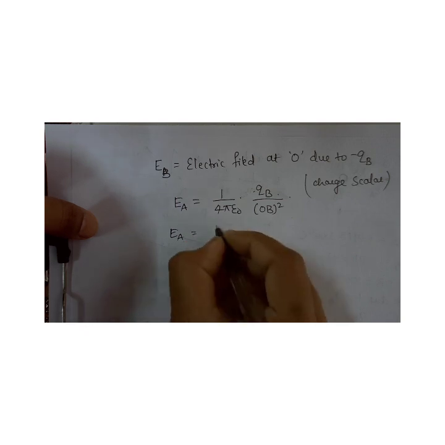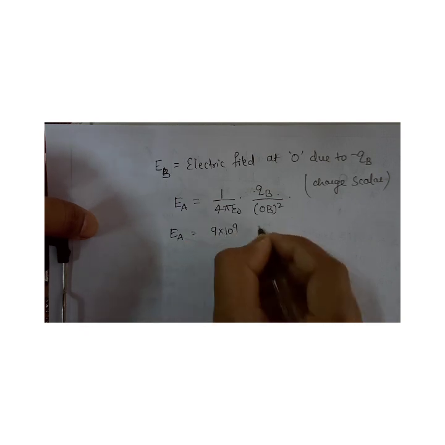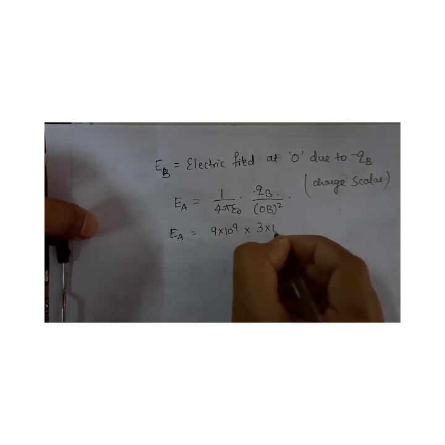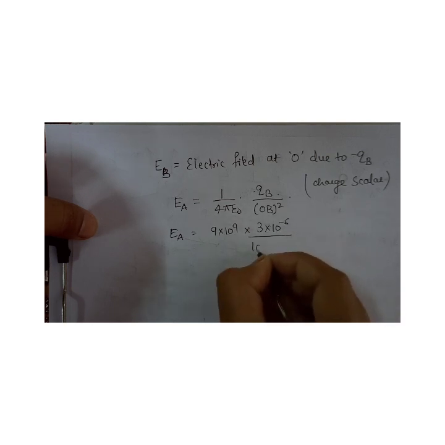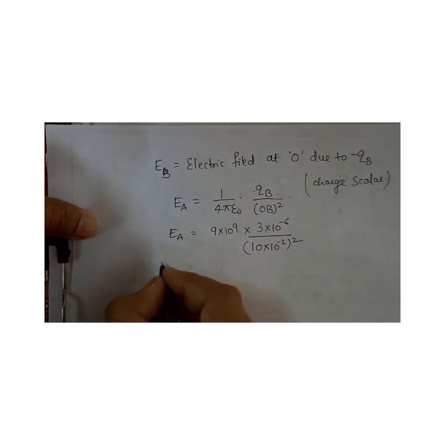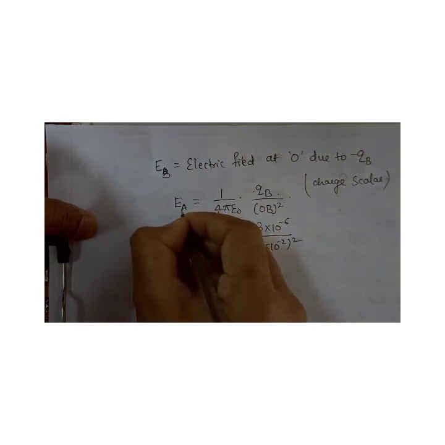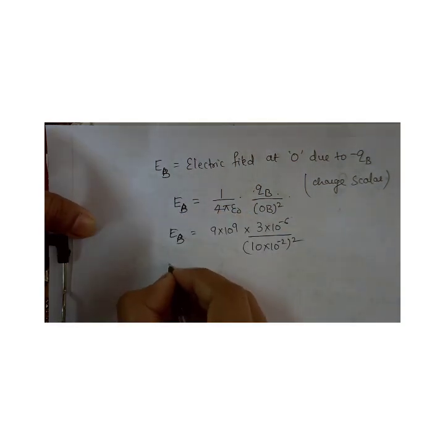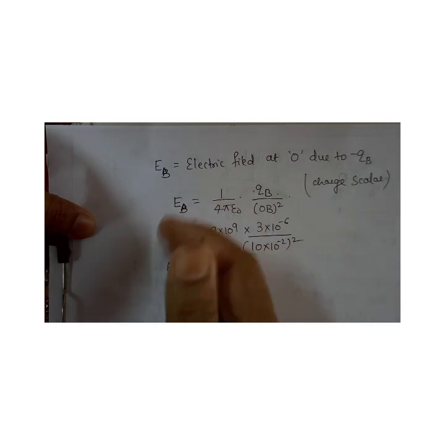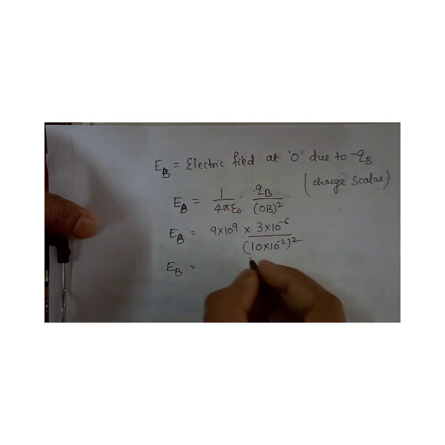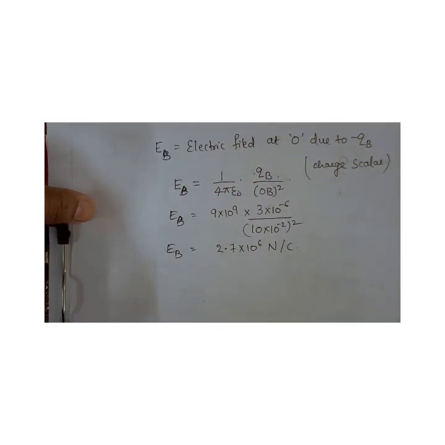So the rest is the same, all the values, everything is the same, into 3 into 10 raised to minus 6 divided by 10 into 10 raised to minus 2 the whole square. So EB is equal to, the answer comes out to be the same, 2.7 into 10 raised to 6 Newton per coulomb.